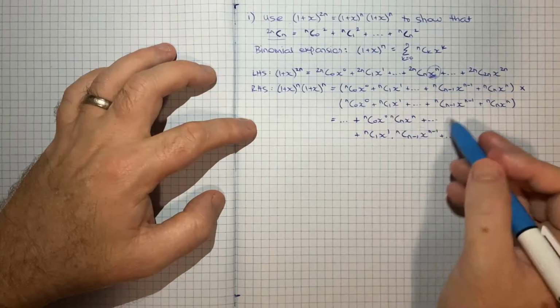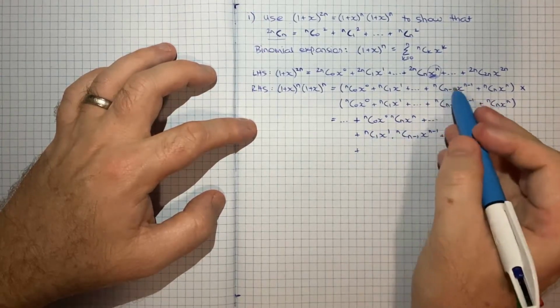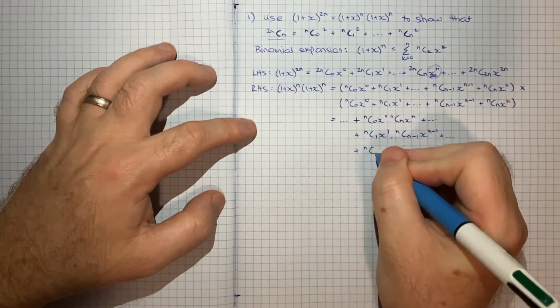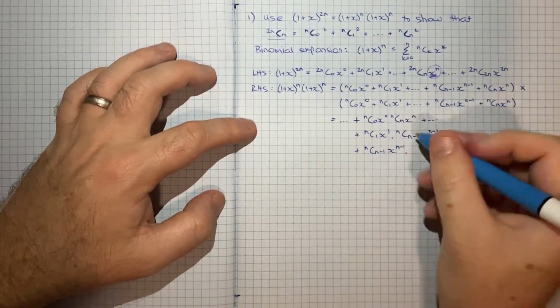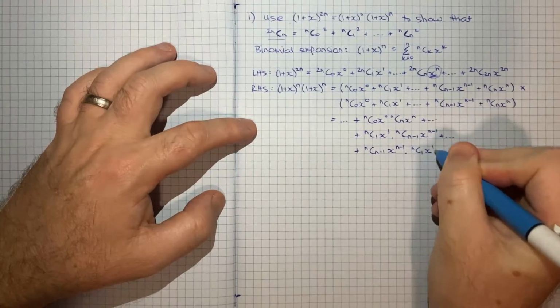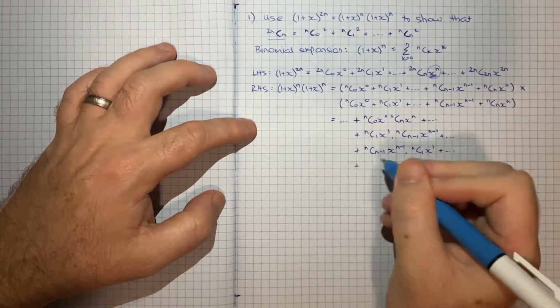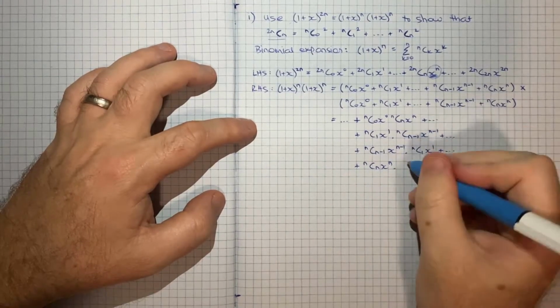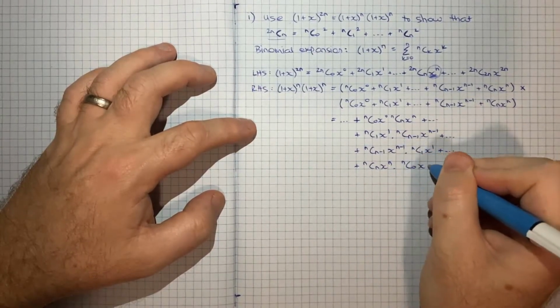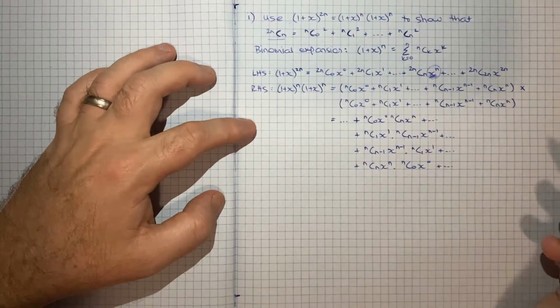That'll just keep going, looping through, and then I'll get nC(n-1) x^(n-1) times nC1 x^1, and so on. And then I'll get nCn x^n times nC0 x^0, and whatever else.